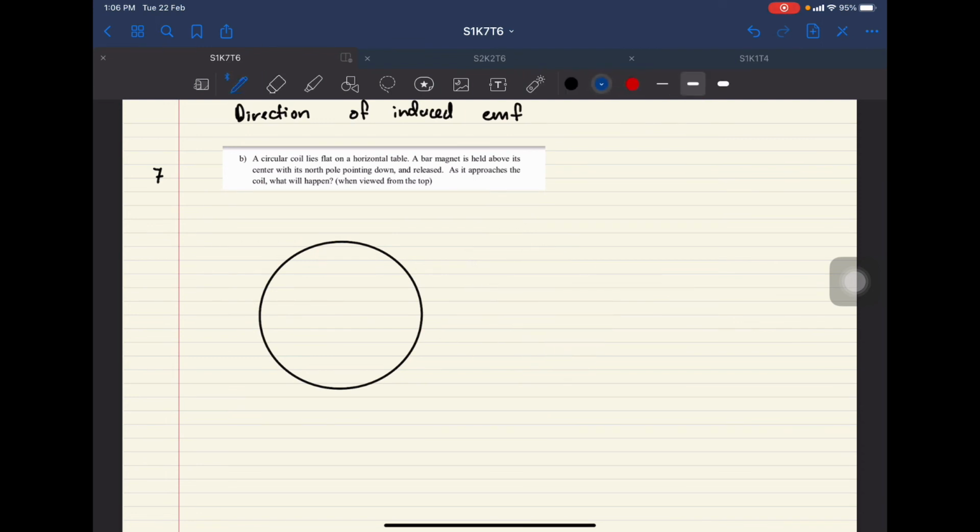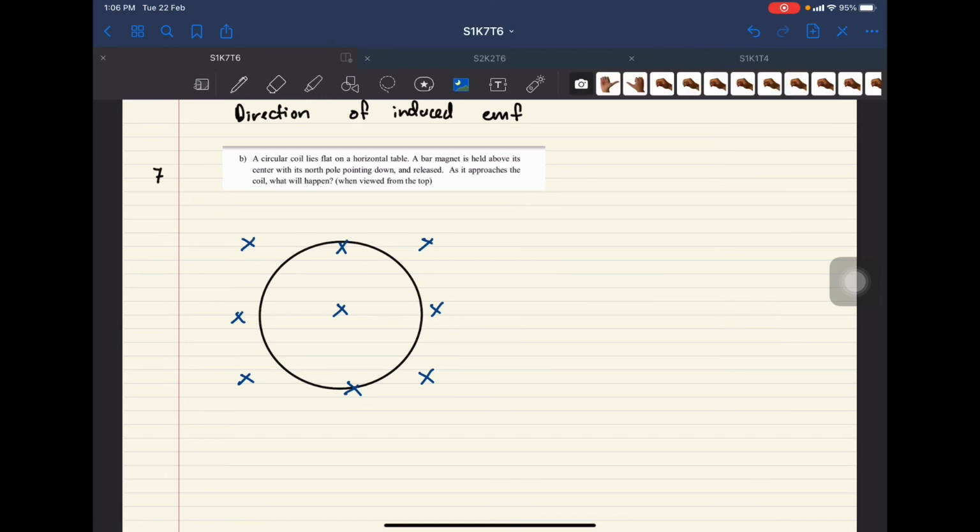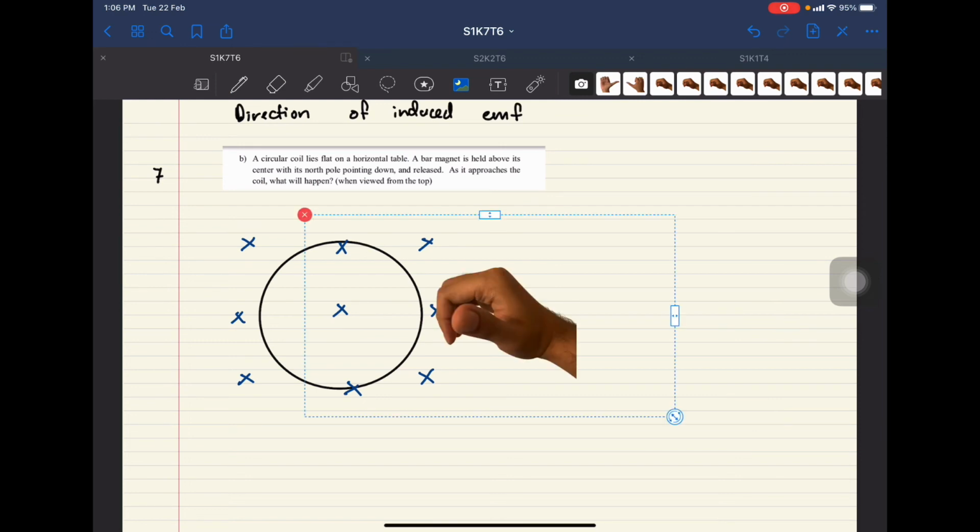Into the page, so it's an X. And remember that this magnet is moving forwards, so the magnetic field increases. So to oppose the changes, the induced magnetic field will try to be produced in the opposite direction. So if you use the right hand rule, you can put your hand like this.